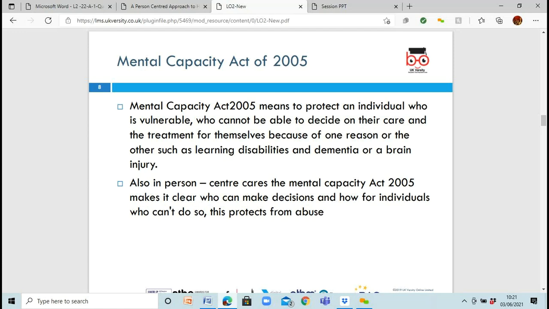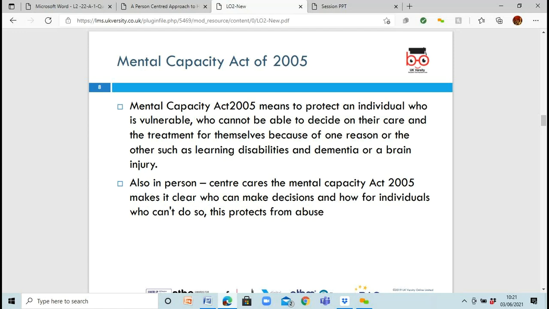Also, in person-centered care, the Mental Capacity Act makes it clear who can make decisions and how. So for the individuals who can make them themselves, that's fantastic. If the family's in a position where they're looking at the right interests for that person, then they'll make the decisions.